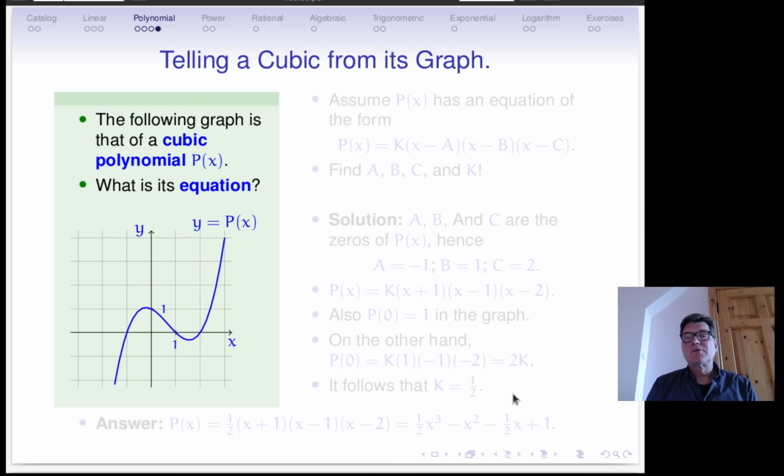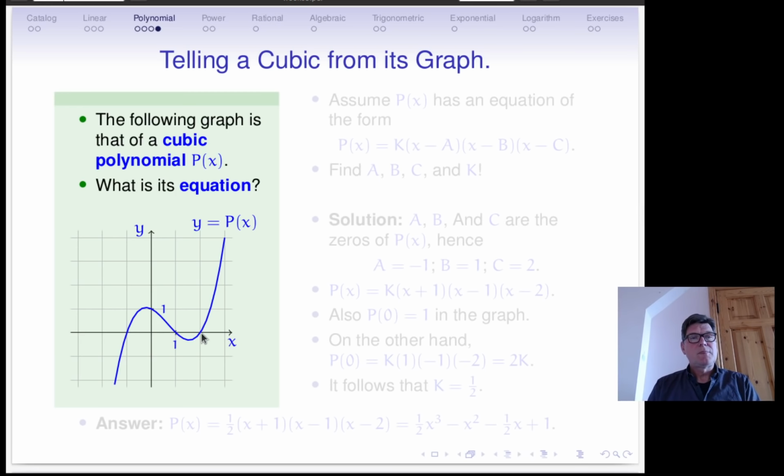What you can do with the graph is read off particular function values y at particular choices of x. And maybe the most interesting ones are the places where the graph crosses the x-axis. That's again the zeros of the cubic polynomial, and here we find the zeros at -1, +1, and +2.